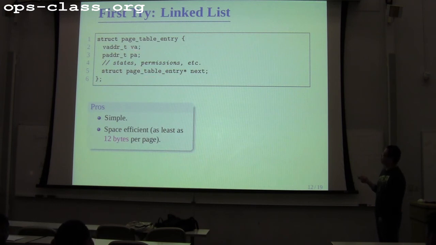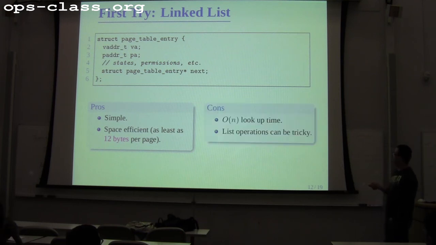And if you're smart, you can compact this information into one of these 4 bytes, because the last 12 bits will not be used, so you can use them for other purposes. The drawback of this approach is that the lookup time is linear. In the worst case, every time you need to traverse the entire list to find the mapping.